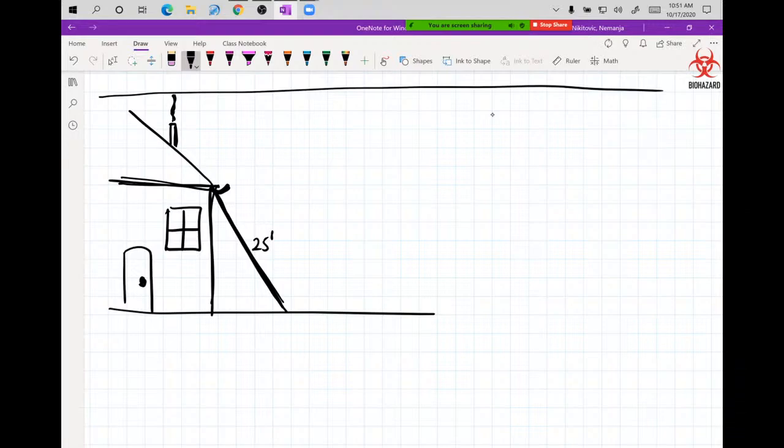All right, so you have a ladder against the wall, and it's a 25 feet long ladder, and then you're going to have Mark over here standing on this ladder cleaning these leaves.